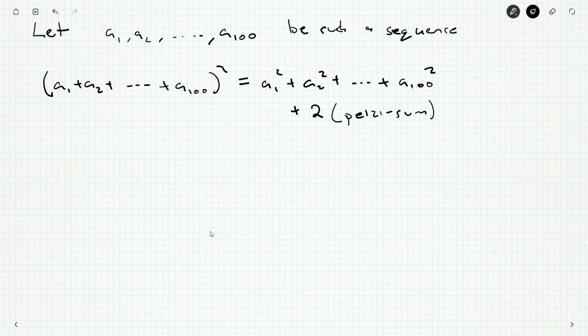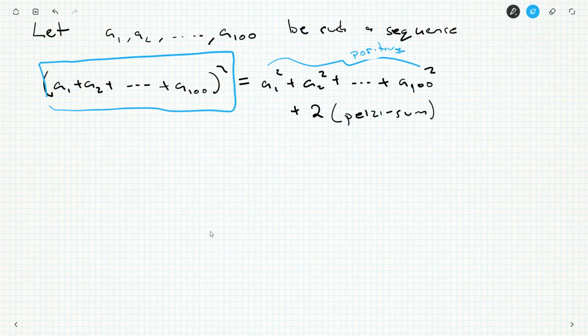All right. So each of these fellas is positive. Well, I shouldn't say positive. If they were all 0, no, they're definitely positive. And this giant thing here, because it's squared, I can say it's non-negative.